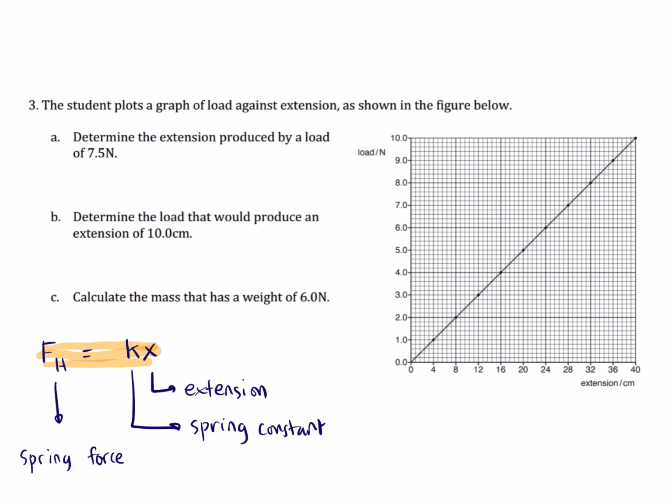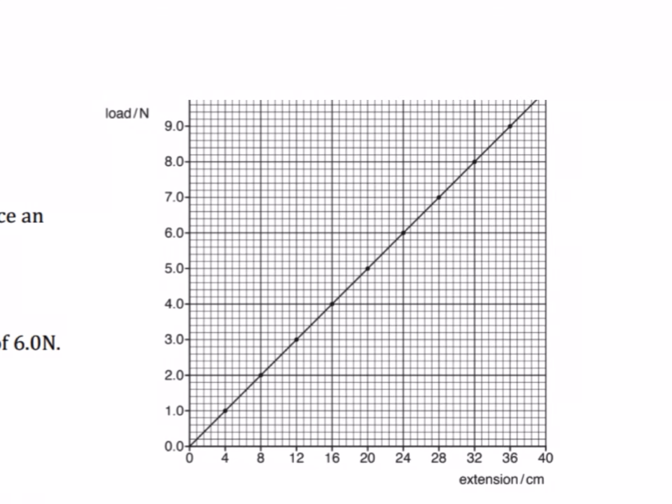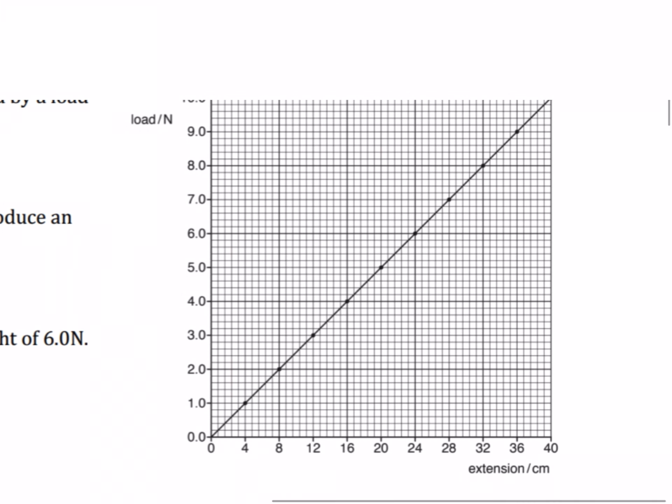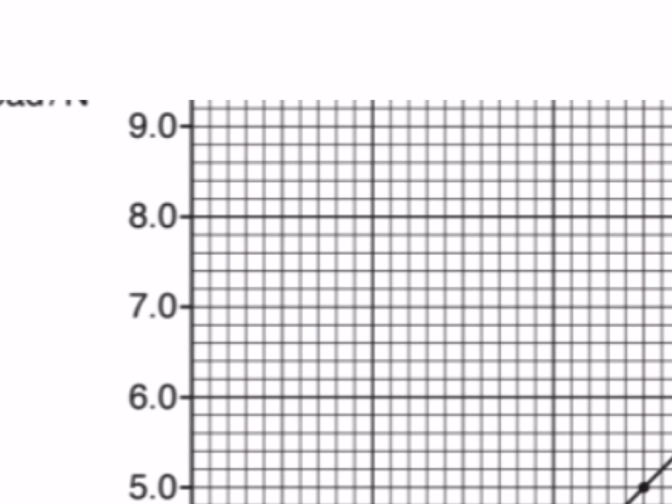So the first question: determine the extension produced by a load of 7.5 newtons. Now we could actually get that information from the graph. So if we have 7.5 newtons, it is somewhere here in the middle. So 7.5 newtons will be somewhere here.